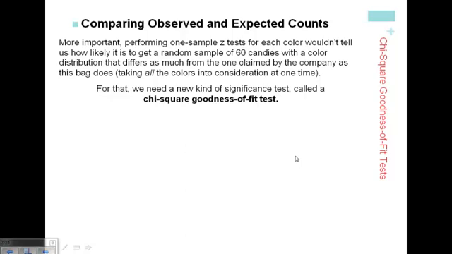We get data, and then we ask of the data, does this data actually match the model that was given to us? Is the model a good fit for the data? Or do we have evidence that someone broke into M&Ms and stole a bunch of green M&Ms? Because we know the green ones taste best.